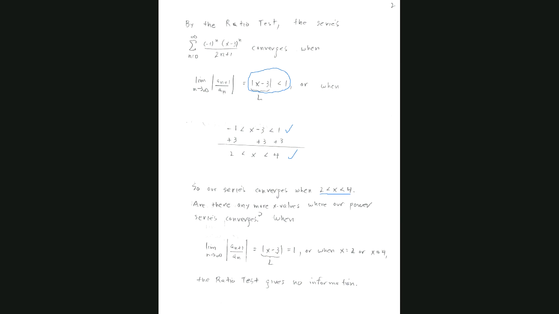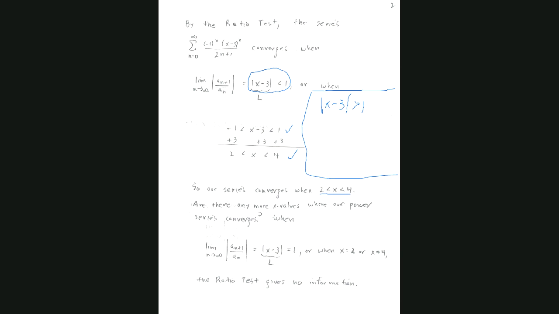And remember, we're not worried about when the absolute value of x minus 3 is greater than 1, right? Because when the absolute value of the common ratio is greater than 1, those x values that satisfy that inequality, the power series would not converge at those x values.